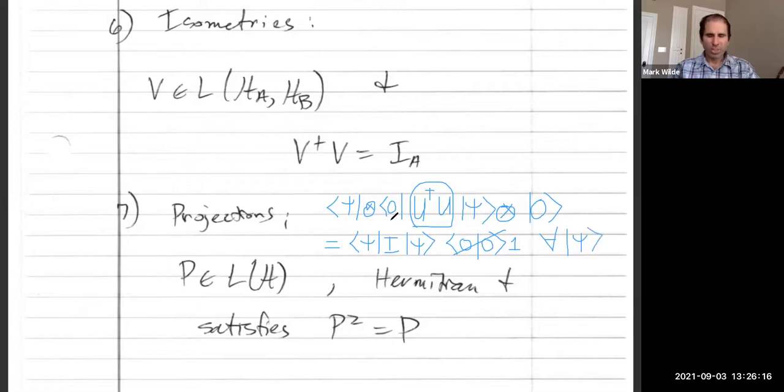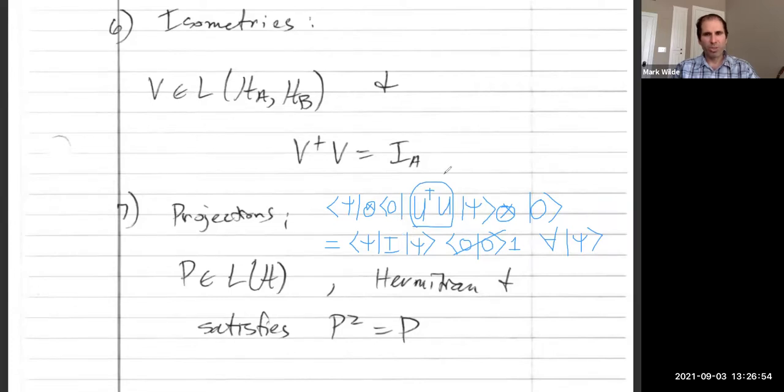Since that's true for all psi, the overall action of tensoring with 0 and then doing the unitary leads to the identity matrix acting on this reduced Hilbert space.